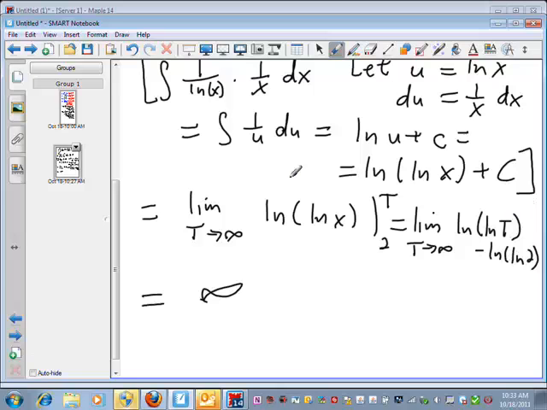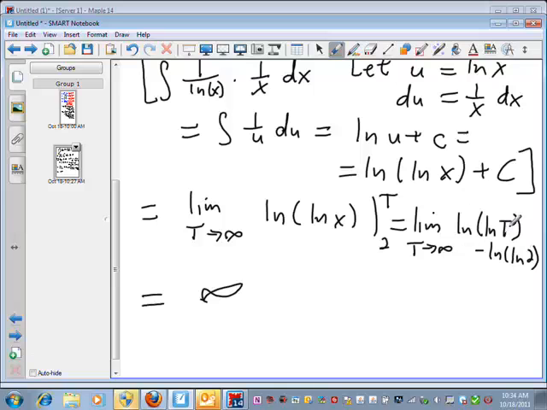Questions about that? Right, so thank you for your question. So now, here's where the problem comes. We ask ourselves, where does this go as t tends to infinity?